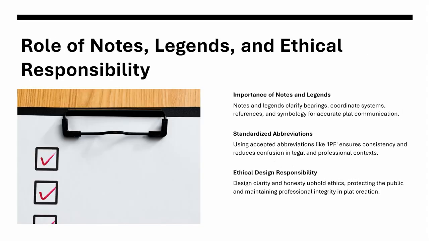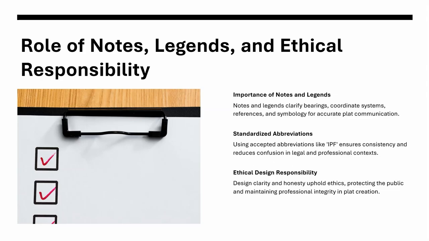And again, design is not just visual, it's textual as well. Notes and legends are essential to effective plat communication. General notes should explain the basis of bearings, the coordinate system and datum used, references to record plats, prior plats, or surveys, and explanations of symbology that would not otherwise be obvious.